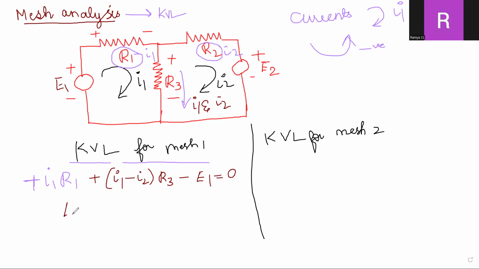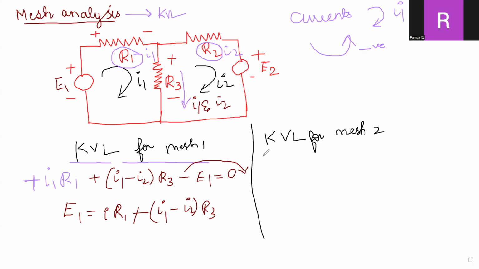So what will be the E1 equation? Transferring E1 over here, it will be E1 equals I1 into R1 plus (I1 minus I2) into R3. So this is the equation for mesh one.